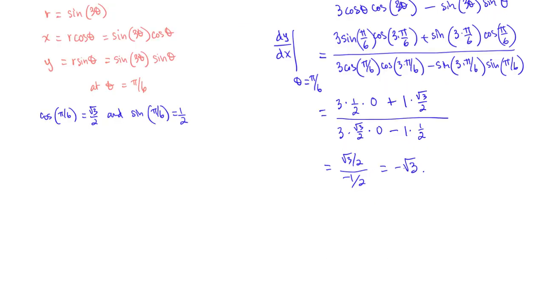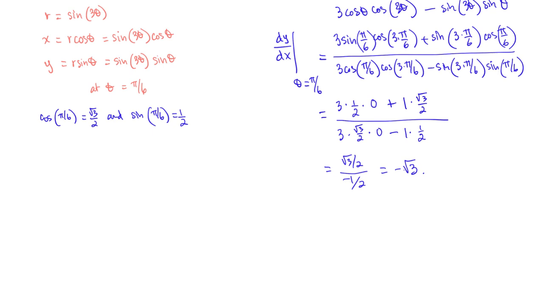But we're looking for the equation of the tangent line. We have the slope m equals negative root 3. We still need the point x0, y0 at theta equals pi over 6.